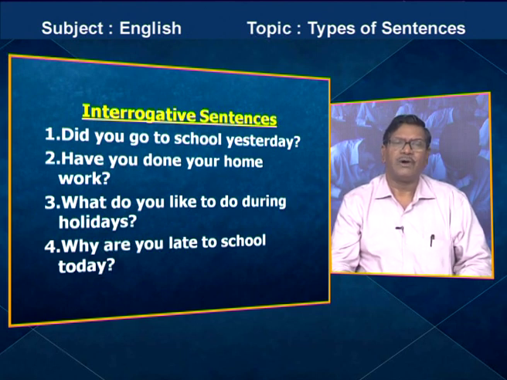So, 1, 2 are yes/no questions. 3 and 4, what do you like to do during holidays? Why are you late to school today? These two begin with an interrogative word. So, these two are called wh-questions. Interrogative sentences, wh-questions, and yes/no questions. Two varieties are there in these interrogative sentences.